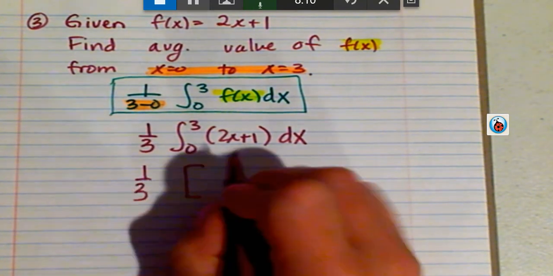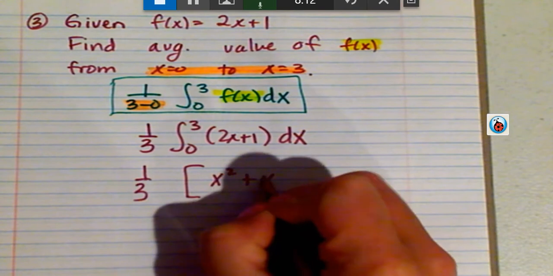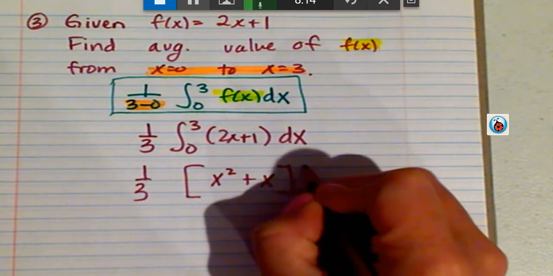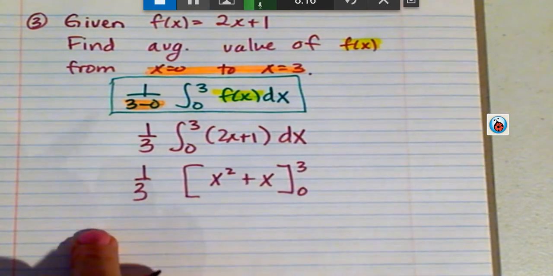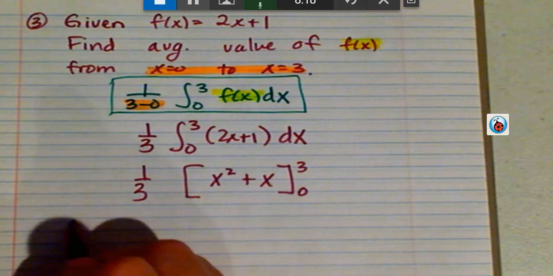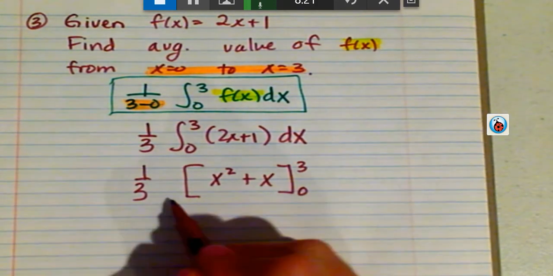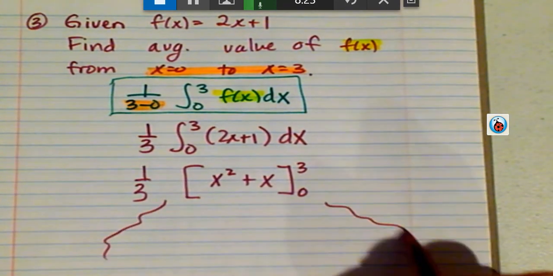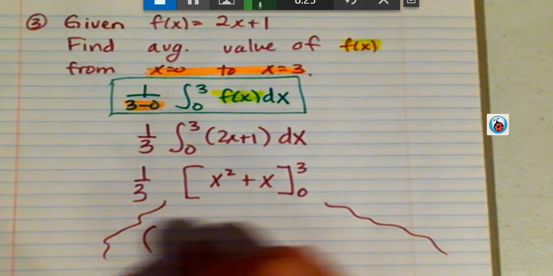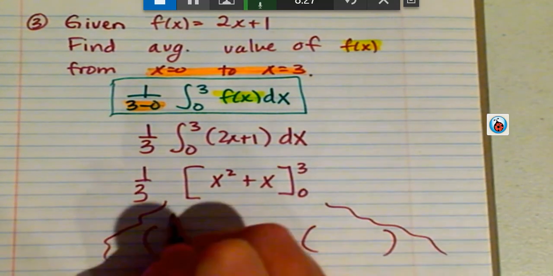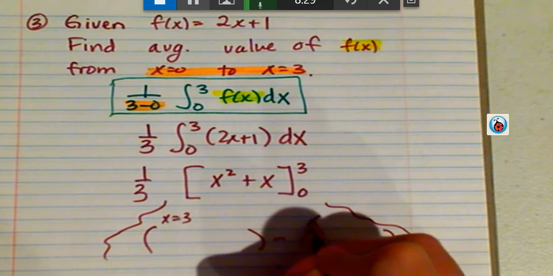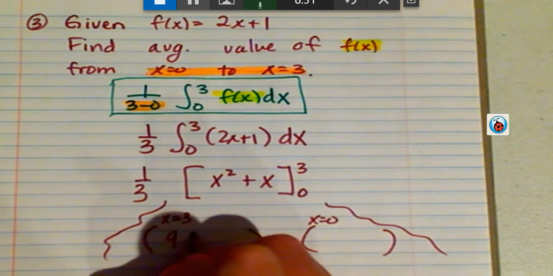Well, you do the antiderivative. 0 and 3. Notice that the 1/3 is staying out here. I'm just going to leave the 1/3 in front, and I'm just going to worry about this part. How do you evaluate? Well, you plug in 3 and you plug in 0.